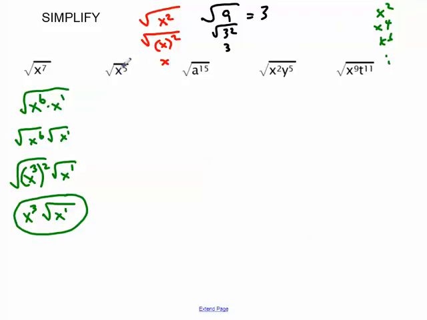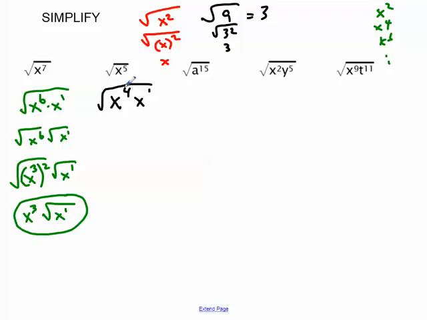So we've got to find the highest even numbered power that can come out of the x to the fifth power. In other words, how do we rewrite x to the fifth in terms of an even power, and really x to the first left over? This would be x to the fourth times x to the first. x to the fifth can be rewritten as x to the fourth times x to the first.